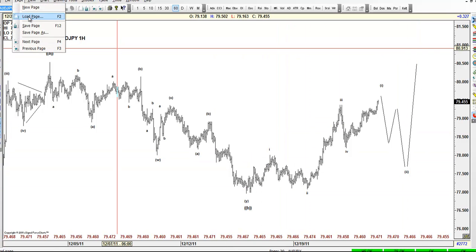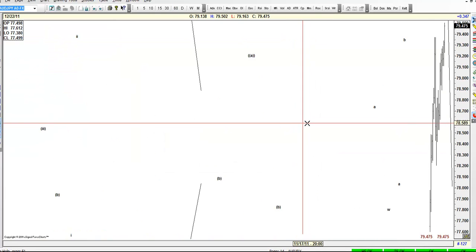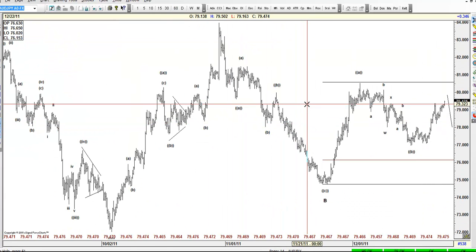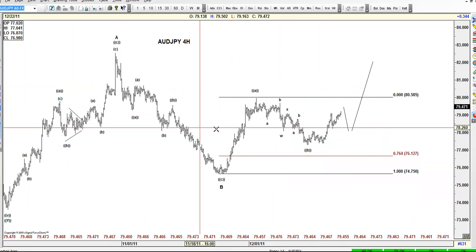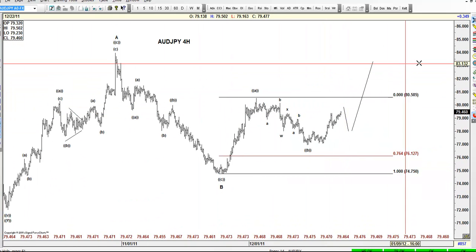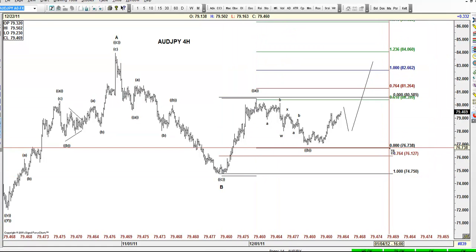Now, if we take a look at the Aussie yen in the 4 hours, this is what we are expecting on the pair. This pair needs to trade higher, minimum to the equal legs of these two. So we are trading at 79.